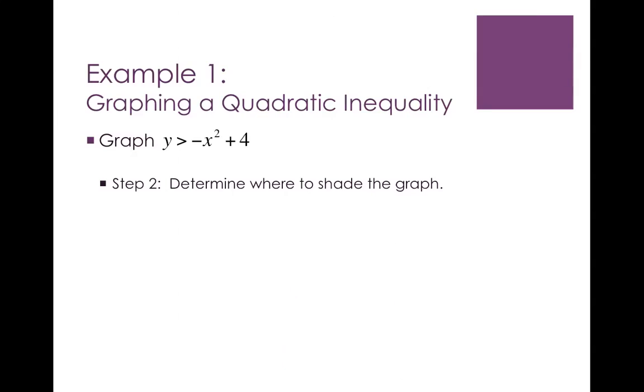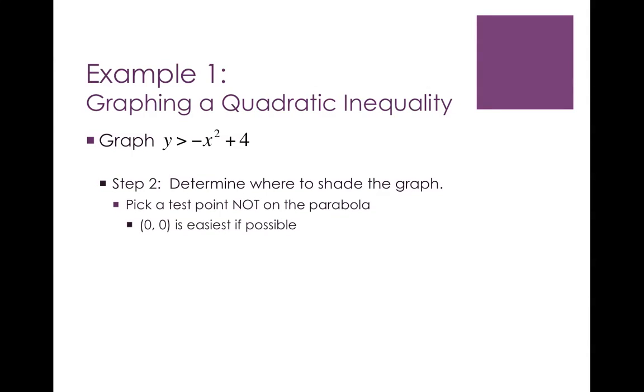All right, now step 2 is to determine where to shade the graph, because we're not just looking for the values of y that are equal to negative x squared plus 4. We're looking for all of the values of y that are greater than negative x squared plus 4.